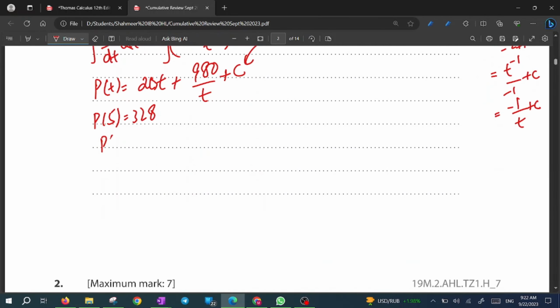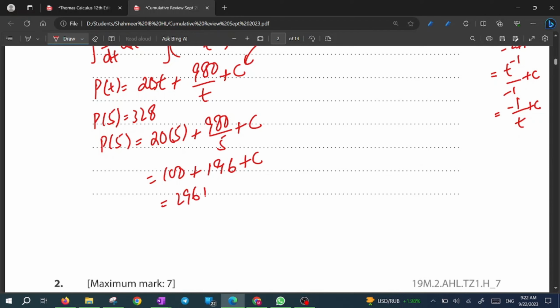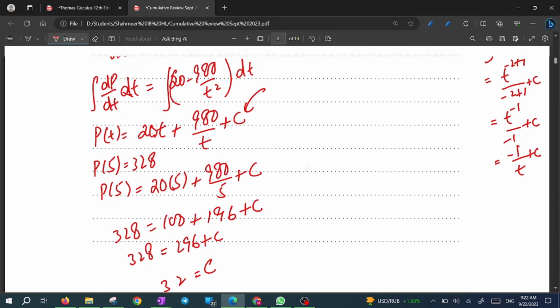So P(5) = 20 × 5 + 980/5 + c, which is 100 + 196 + c. So we get 296 + c = 328, so c = 328 - 296 = 32.